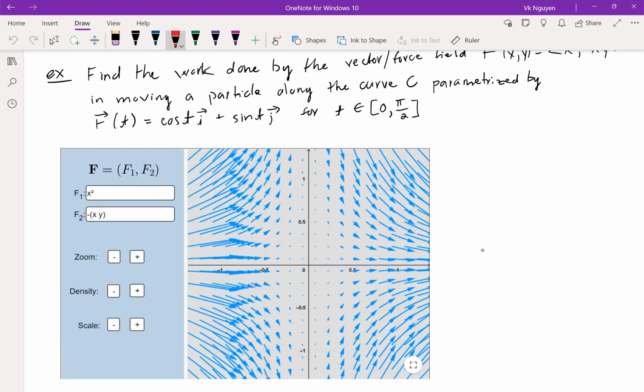Okay, it is the curve C here, so it is just 1 to 1. The orientation or the direction of the curve C goes against the vector field.